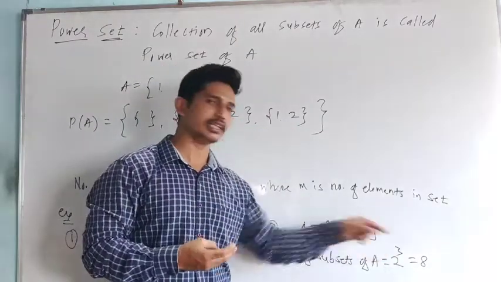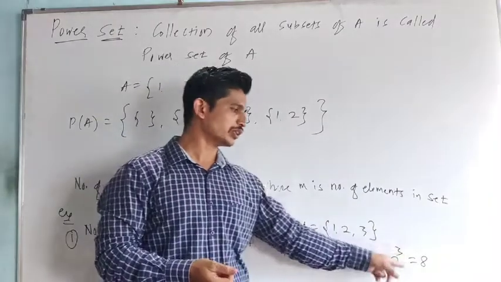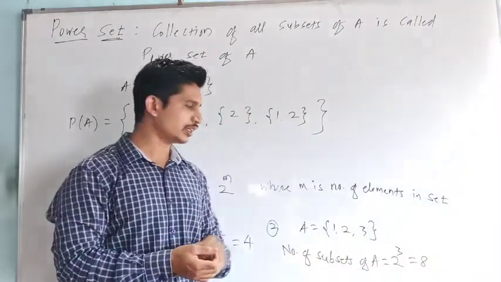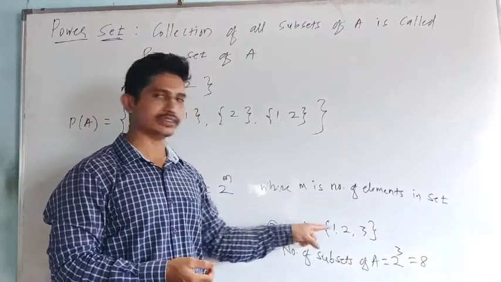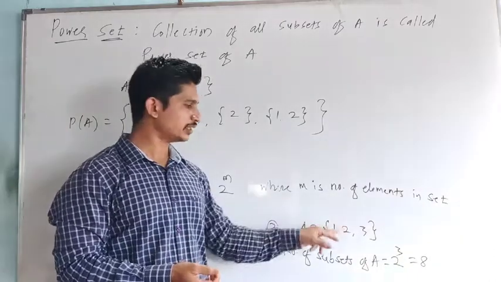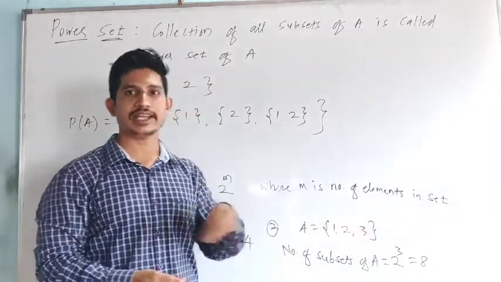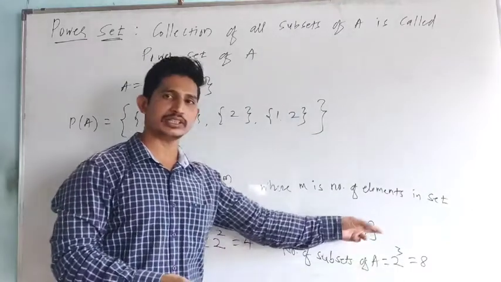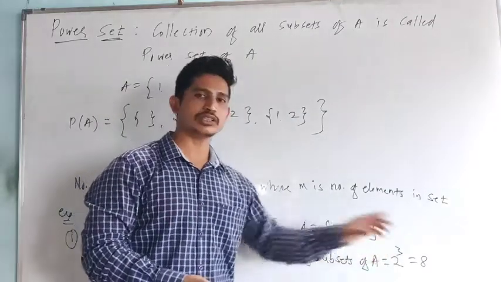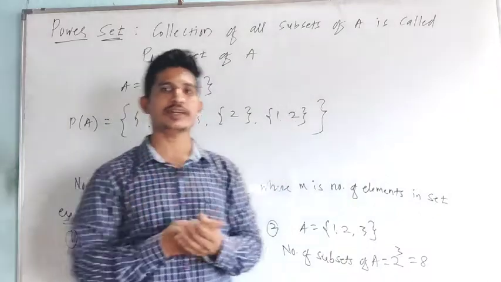So 2 raised to 3. 2 cubed is what here? 8. So we can write 8 subsets from the given set. If there are 3 elements, then we can write 8 subsets.